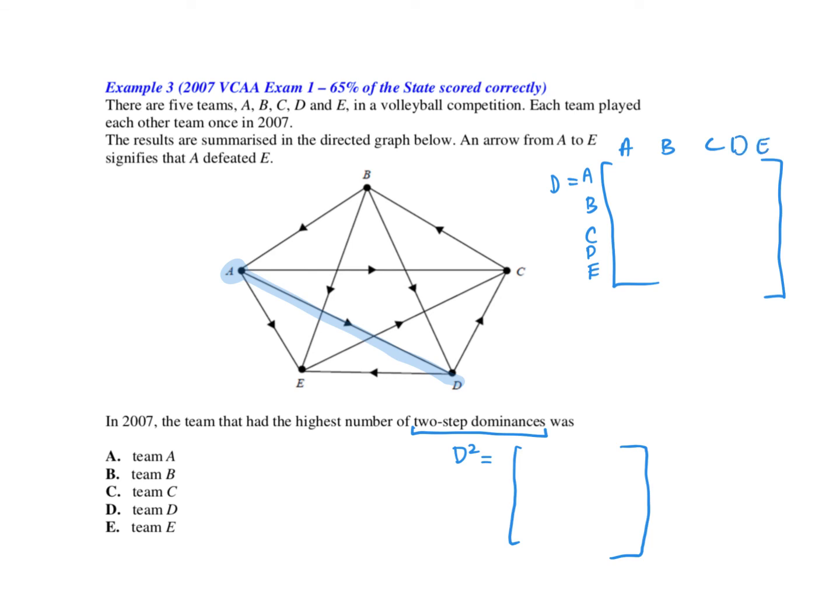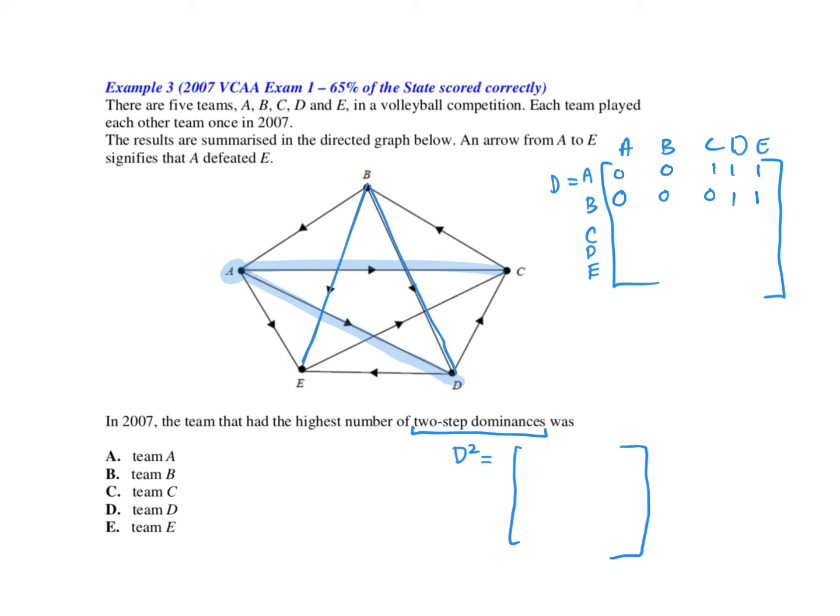A beat D and C, is that it? Oh, yeah, and E. So A, B, C, D, E. Okay, who did B beat? E, B beat B and D. Okay, so zeros everywhere else. Who did C beat?